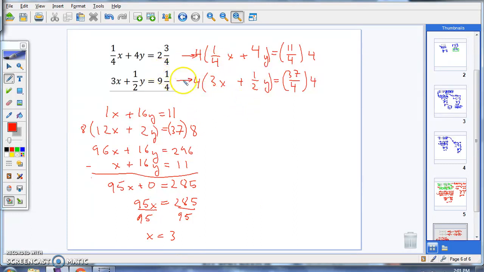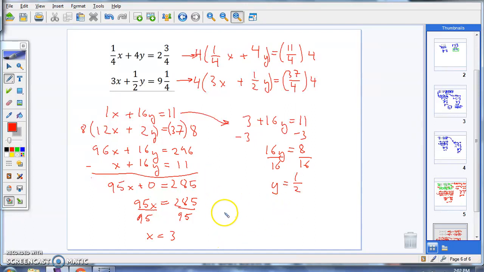We don't have to use one of the original equations. I'm going to use this one, because 3 plus 16y should equal 11. Minus 3 from both sides, 16y is 8. Divide by 16, and yes, we get back to fractions with y equal to 1/2.